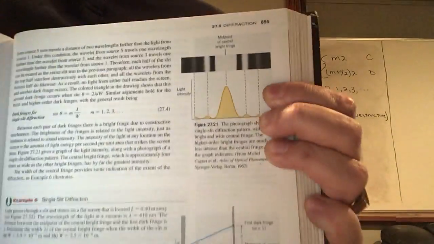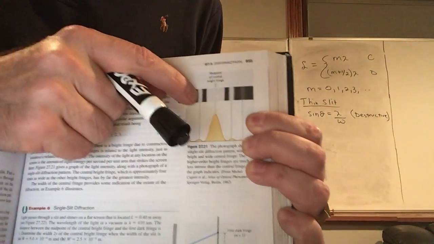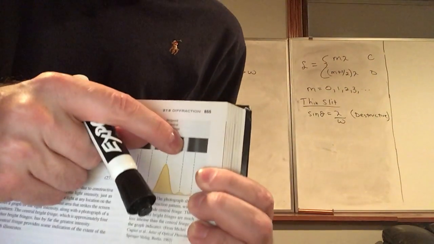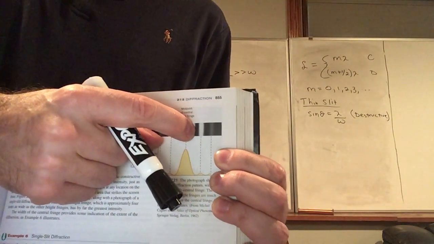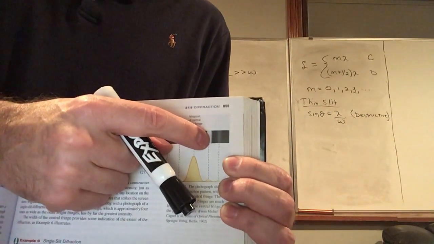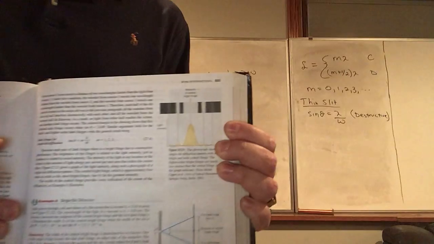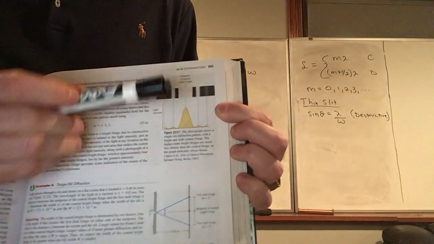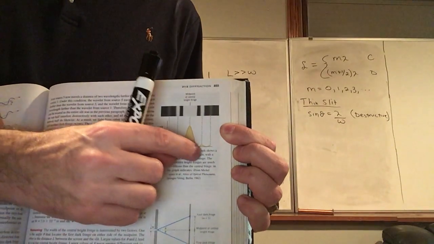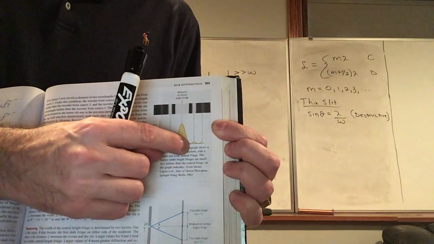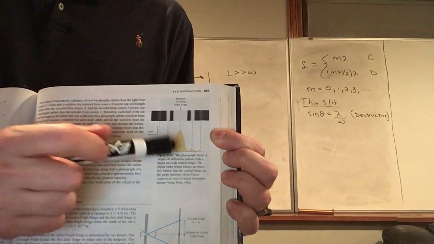If you look at, say, right here, or right there, this would be our destructive interference, and then we have another bright fringe, and then dark and bright. Kind of looks like the double slit, except the details are very different. The central bright fringe is very, very bright. And then we go to 0, that's our dark fringe, and then we have another bright fringe, but it's very dim compared to the central.